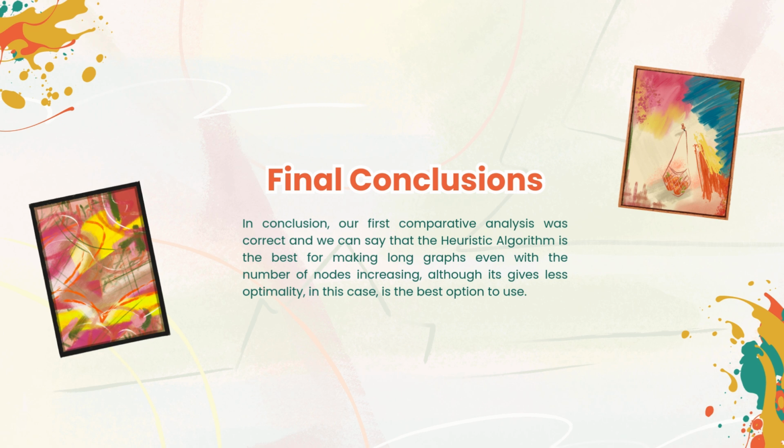I think one of the biggest advantages is that it works in polynomial time, meaning it remains efficient even for complex graphs. Plus, its performance can be improved by using smart ordering techniques such as largest first or smallest last, which help reduce the total number of colors used.